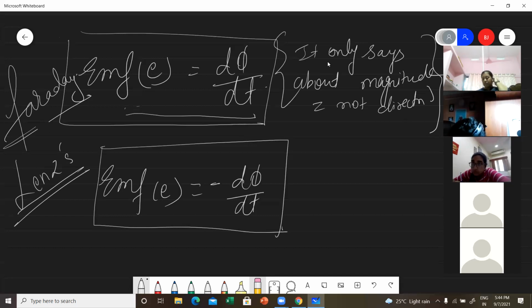Write it down. Negative sign indicates induced EMF or current opposes the change in magnetic flux. Opposes the change in magnetic flux.